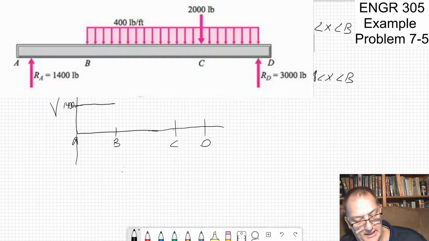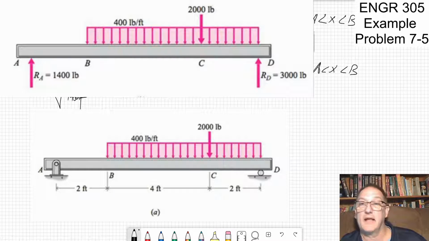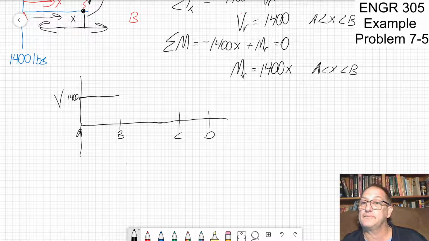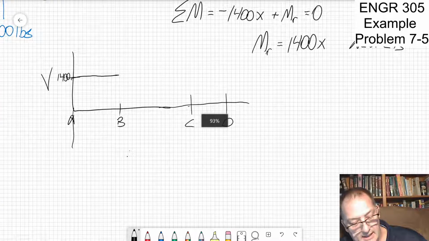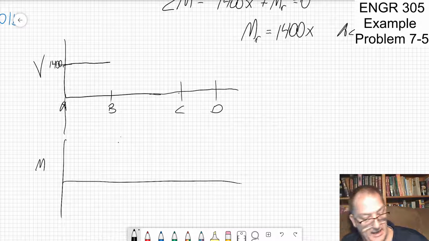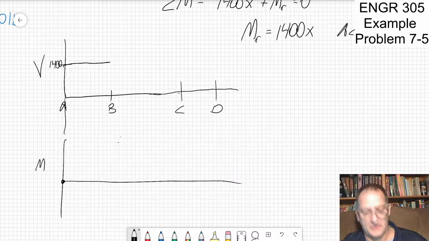And then I've got to put another plot together. That's what that looks like. And then I can put a moment diagram together. My moment starts at 0. And I've got to get my distance right. How far away is B? Oh, it's only 2 feet.